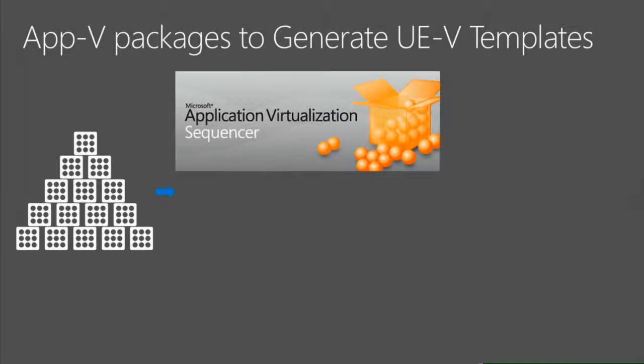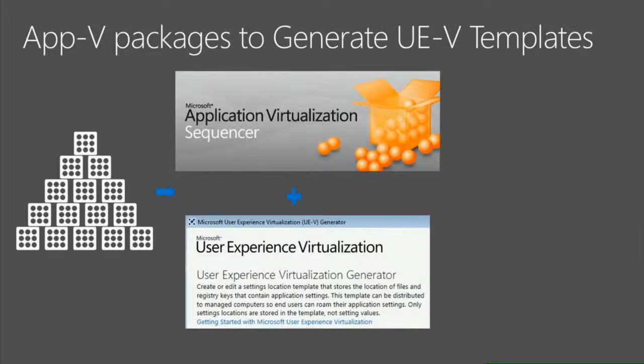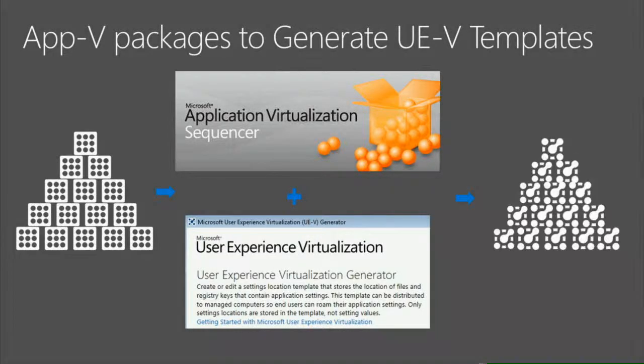Wouldn't it be great if he could install the UEV generator on that same sequencing box and be able to de-virtualize his AppV package, use the generator to then generate UEV packages, or, as he's sequencing and gets the package right, then generate his UEV packages right in the main stream of his everyday work stream.